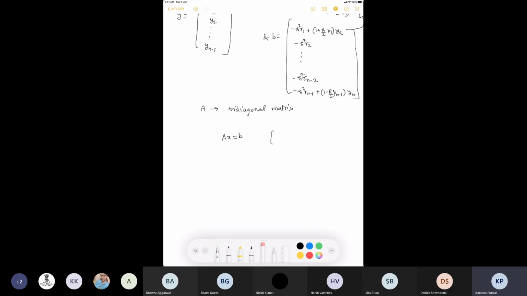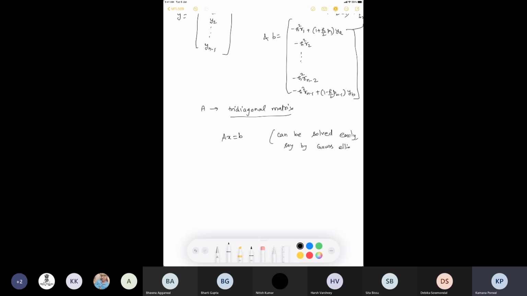This system can very well be solved using Gauss elimination or any of the direct methods. Because of this tridiagonal structure, it can be easily solved, say if you use Gauss elimination.